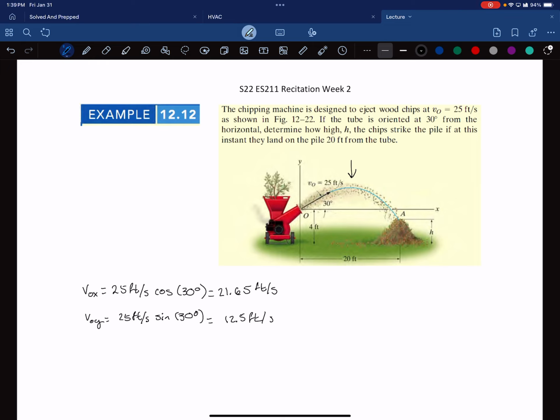So we know that in the x direction it is 0, and in the y direction it's gravity. I'm going to assume that down is negative. Generally, that's what I assume, so here we go. And so 32.2 feet per second squared. Sorry.